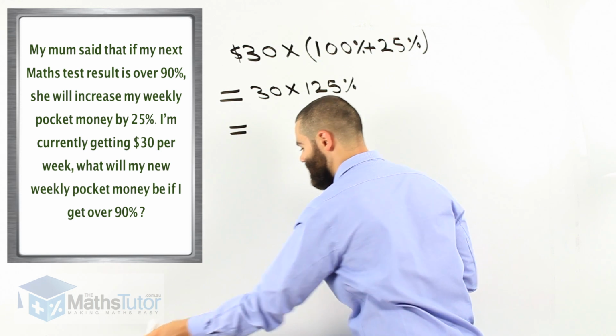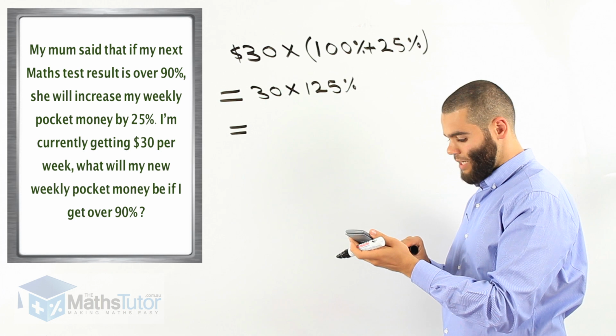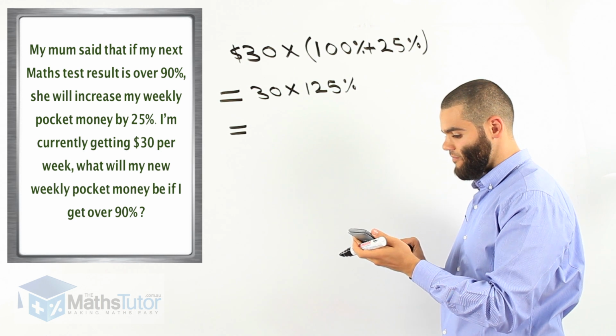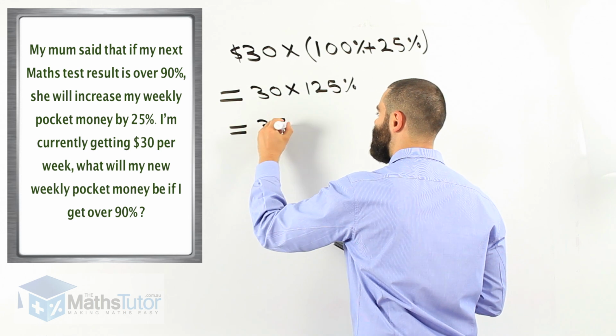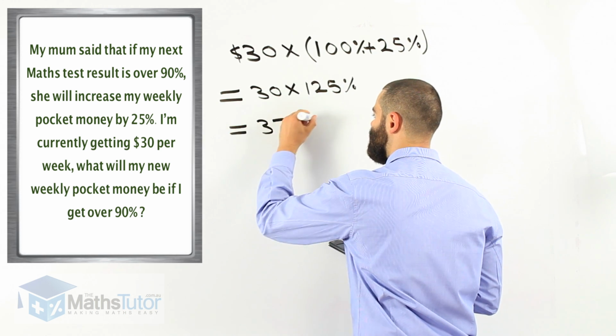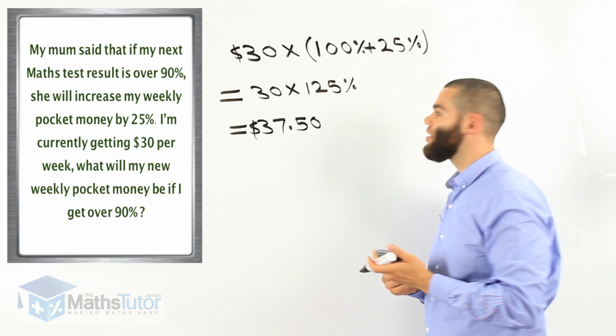Let's work it out. 30 times 125%. The new pocket money will be $37.50.